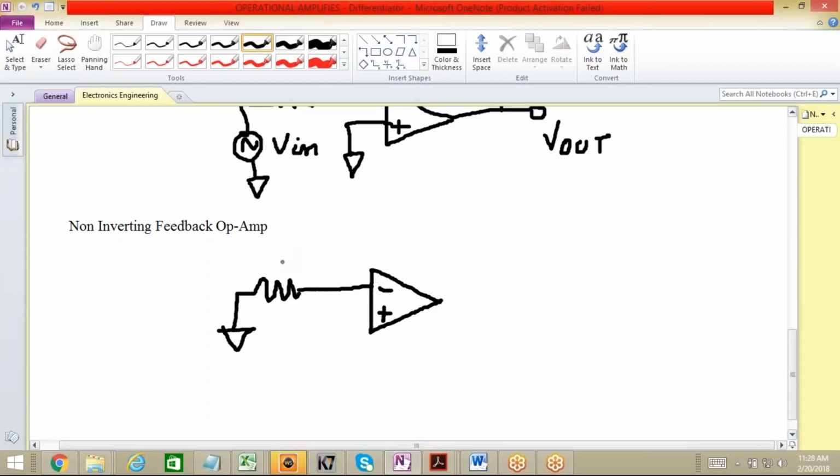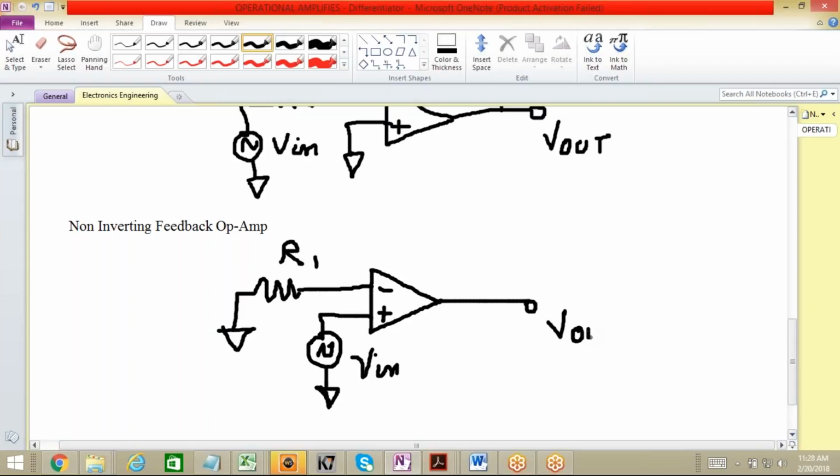Okay, this is your R1. Okay, and this non-inverting terminal should be connected to the voltage source, right? And this is my VIN, right? And then now this will be your output.